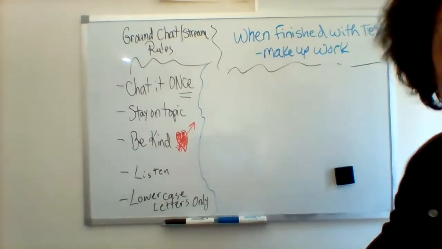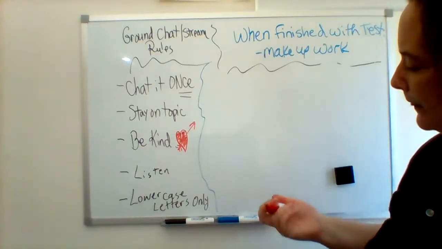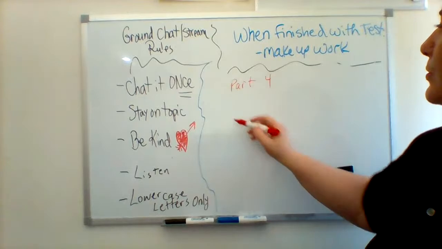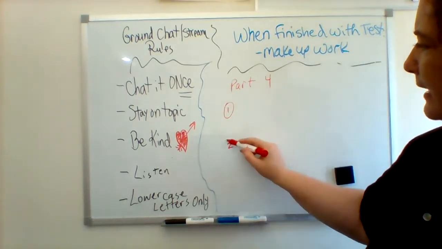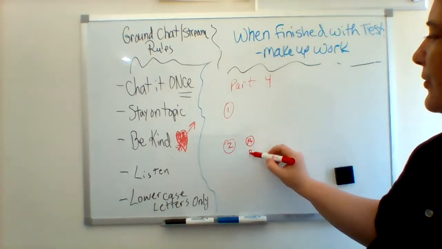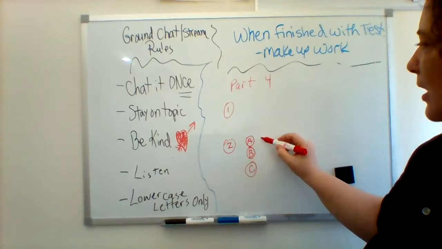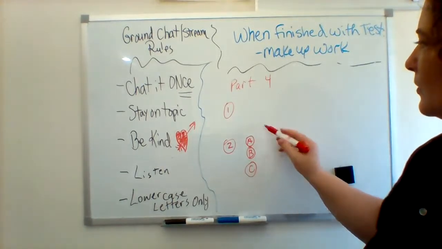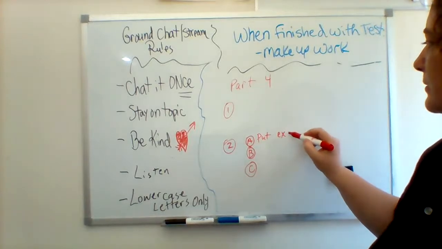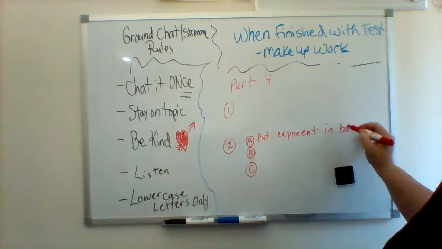Let's see, Jacqueline, if you're listening, Thais, if you're listening, for part 4 of the test, there are 2 questions. And in the second question, there are actually 3 things that you need to do. You have to put the exponent in the box that should be there.